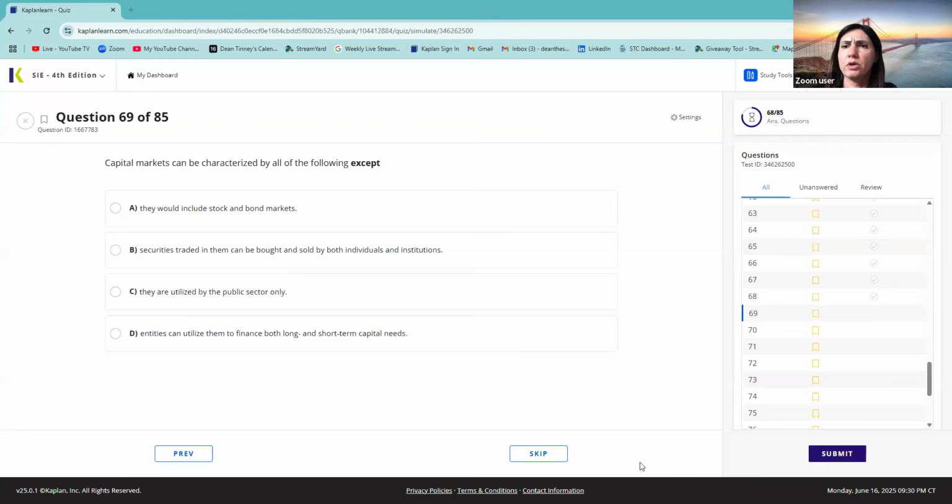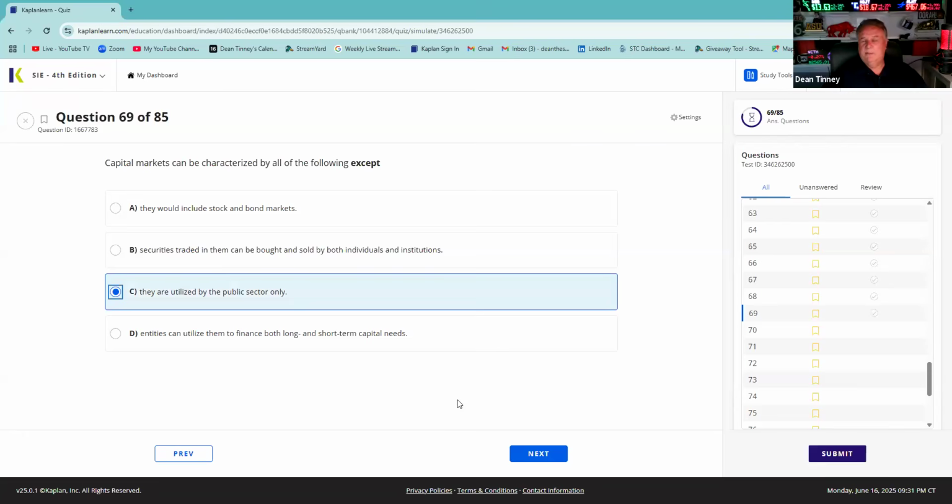They are utilized by the public sector only, and entities can utilize them to finance both long and short-term capital. So capital markets, are they only public sector? No, they're both public and private, right? Municipalities sell municipal bonds and corporations sell bonds. So public sector only, what that means is municipal issuers.